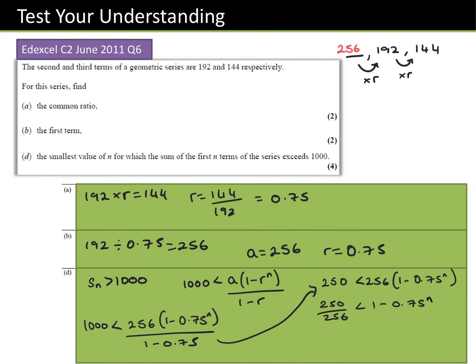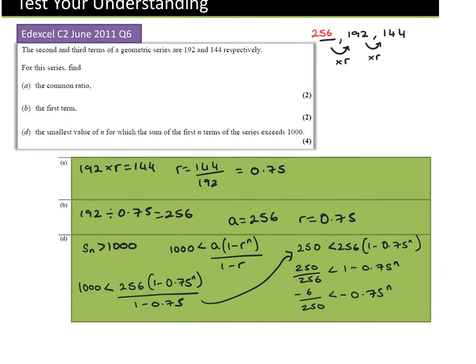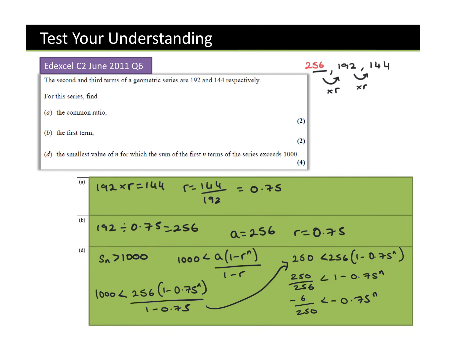I'm going to take away 1. 250 minus 1 is negative 6 over 250, which is less than negative 0.75 to the power of n. If I divide both sides by negative 1, I'm going to get 0.75 to the power of n is less than 6 over 256.